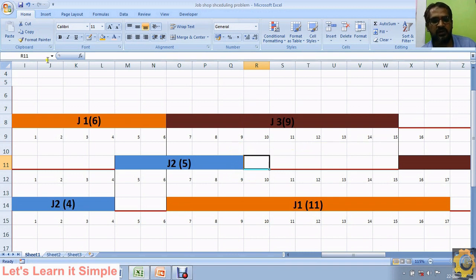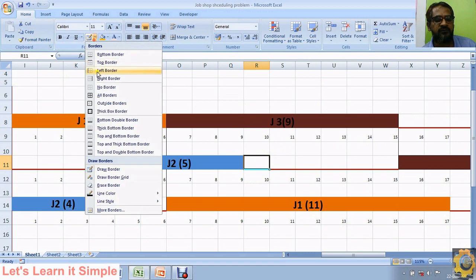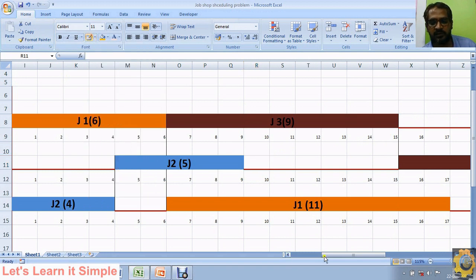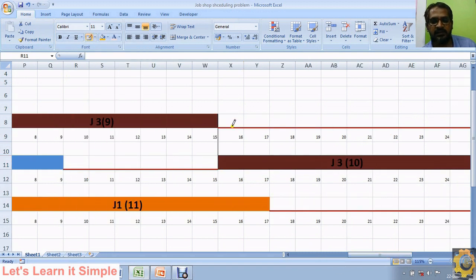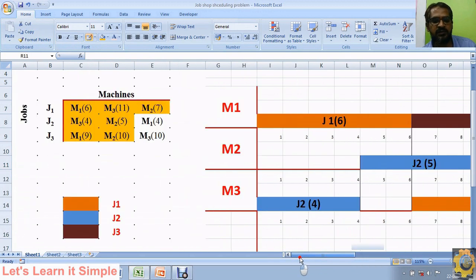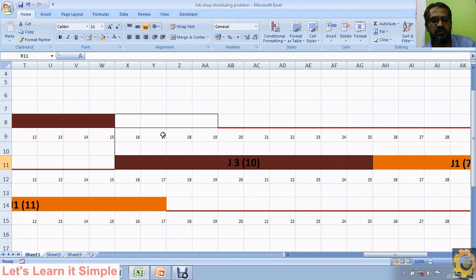Okay. So I'm going to draw a table border from there, and it is taking a time unit of 4, I think. So job 2 on machine 1 taking a time unit of 4.